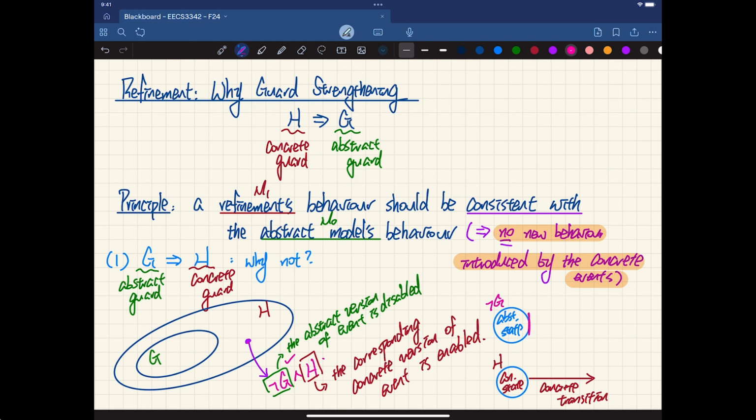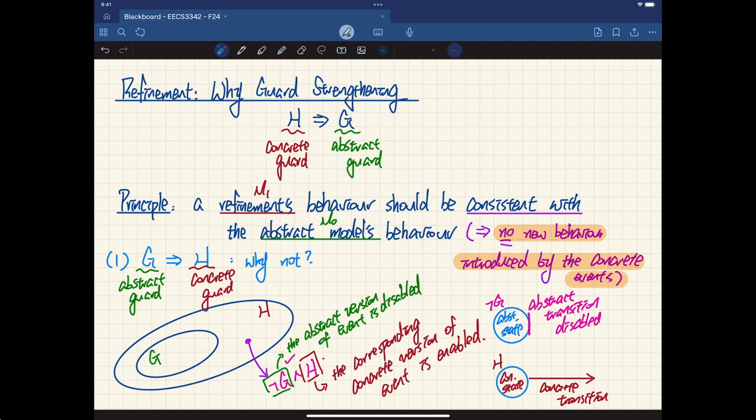This one tells you that the abstract event is disabled. So here we got some inconsistency. For the same consistent pair of states over here, somehow the concrete transition can occur, which is new behavior, but the corresponding abstract transition is disabled. So we don't have any consistency here.